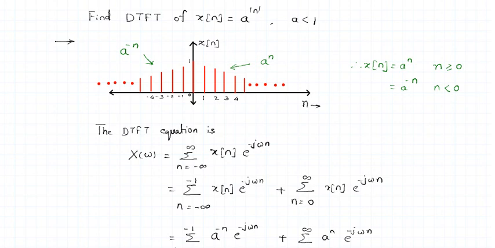Even though we have been given an equation for x of n, which is a raised to mod of n, while solving problems related to mod, if the equation has a mod, it becomes difficult to simplify if we keep the equation with mod. And that's why we need to find a new mathematical equation without the mod. So for that purpose, initially we will plot the given signal.